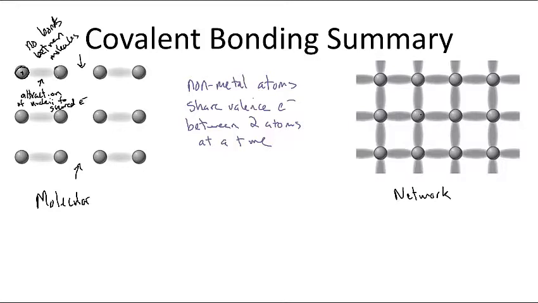So you have the positive nuclei and the shared electrons. But you don't have that same level of attraction between different hydrogen molecules. So examples here, well, yeah, we'll do examples here.